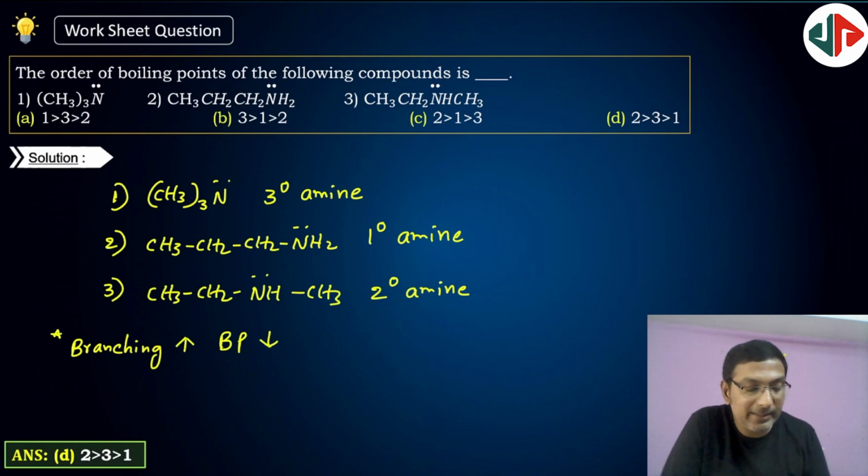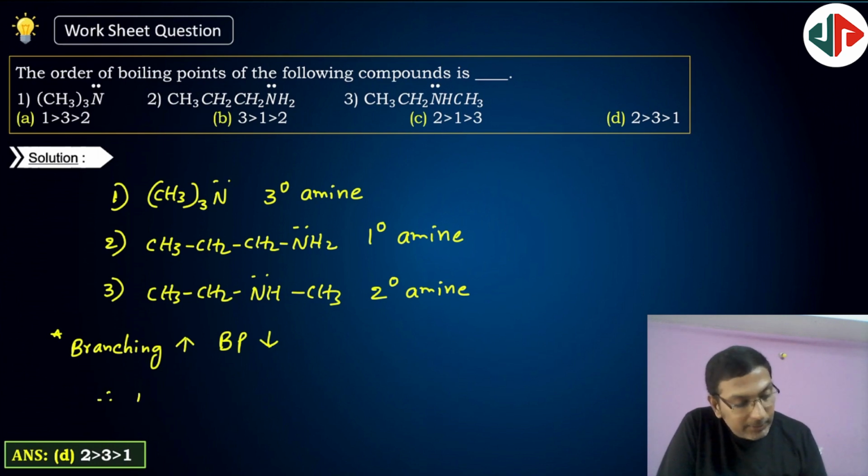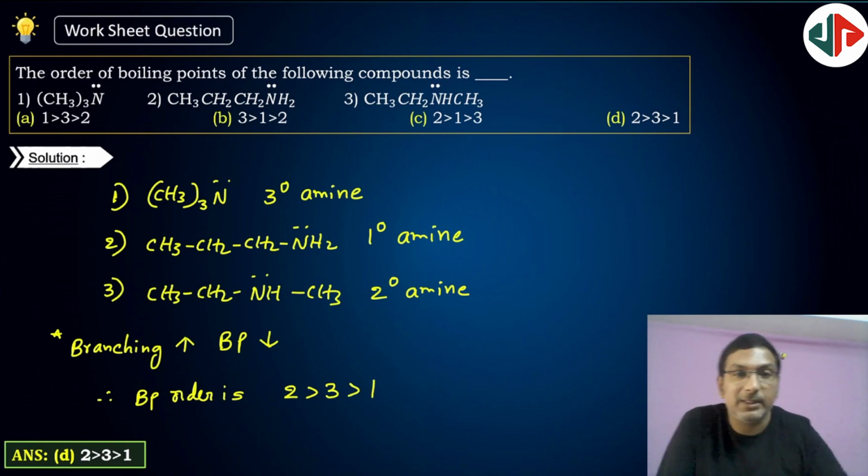That means tertiary amine is more branched. More branched means crowding will be there. So therefore, the lowest boiling point is for the first option, tertiary.